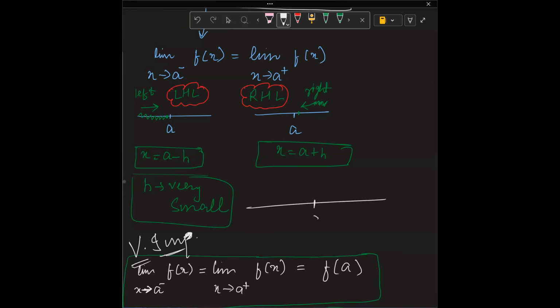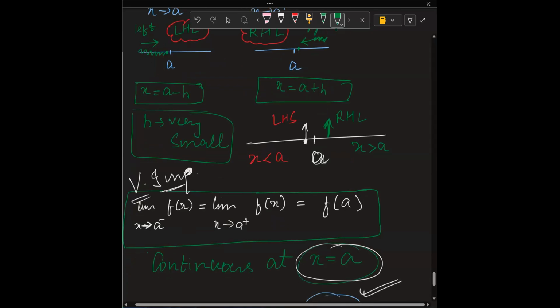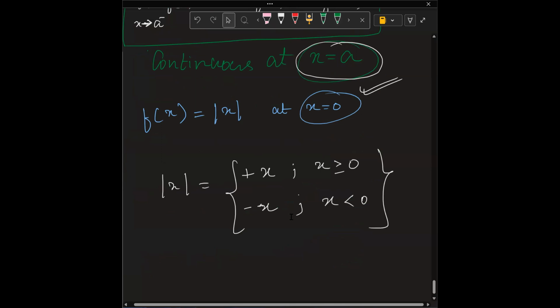This is your LHL, that means x is less than a. And if you are approaching from the right hand side, then you are here. That means this is RHL, right hand limit, and x is greater than a. So similarly, you have to use the same concept here also.